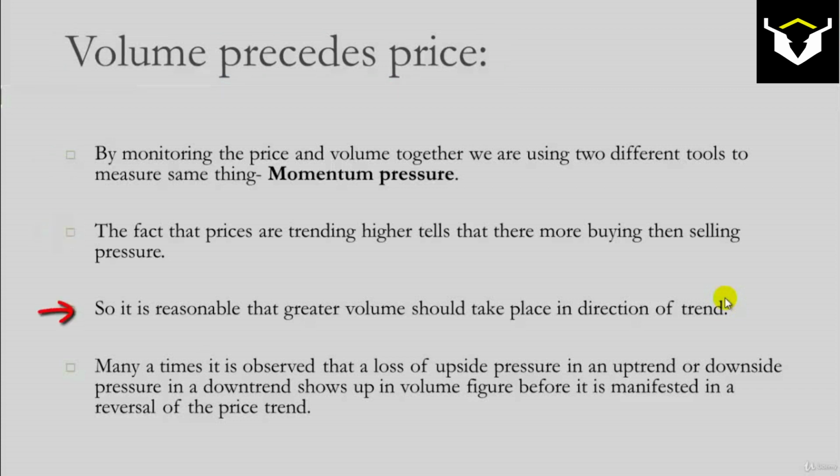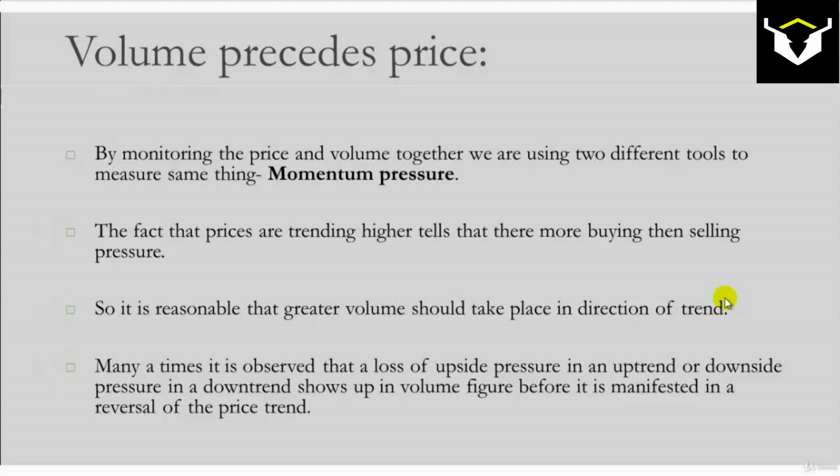So it is reasonable that greater volume should take place in the direction of the trend. Many times it is observed that a loss of upside pressure in an uptrend or downside pressure in a downtrend shows up in volume before it is manifested in a reversal of the price trend.